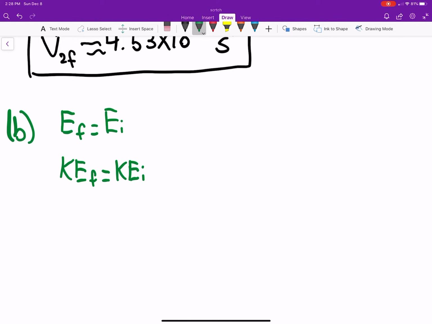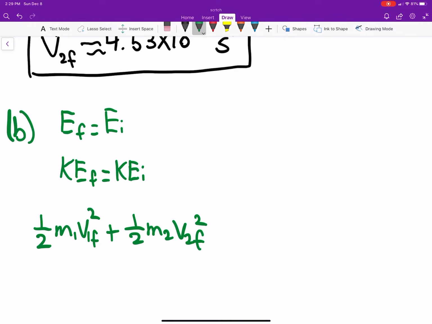And it's the same idea, except instead of just mv like we had before, kinetic energy is 1/2 m1 v1 final squared, plus 1/2 m2 v2 final squared.